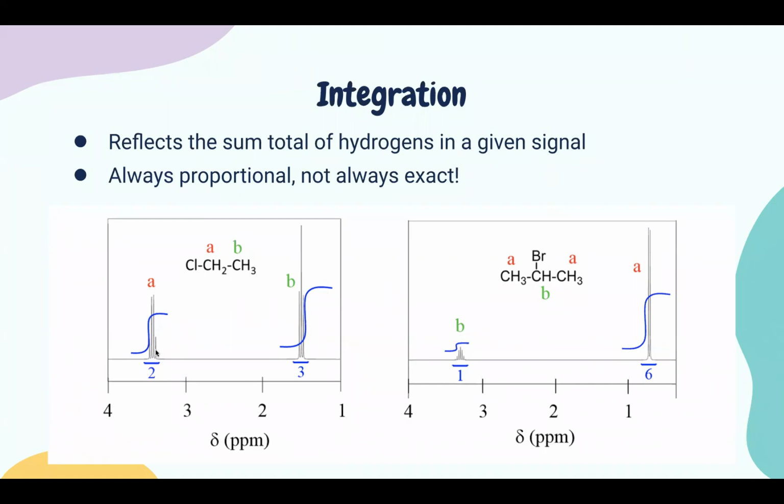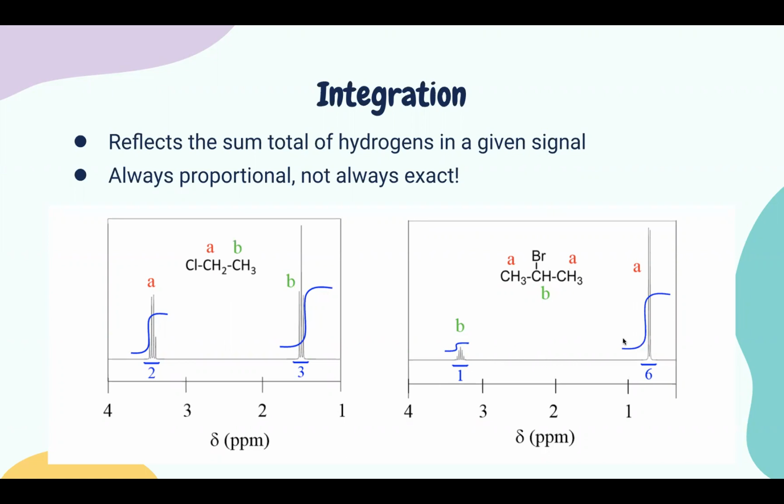This one has a 2-to-3 ratio. So A would have 2 hydrogens and B would have 3 hydrogens. And for this one, the height of this peak tells you that it would be a 1-to-6 ratio.